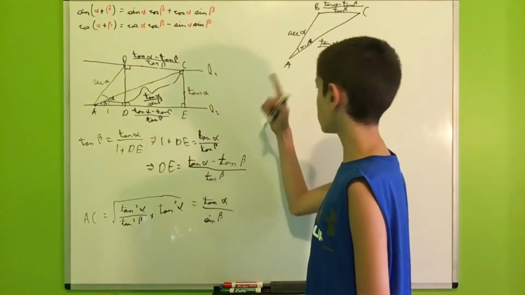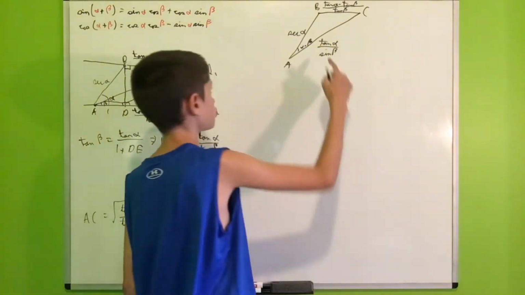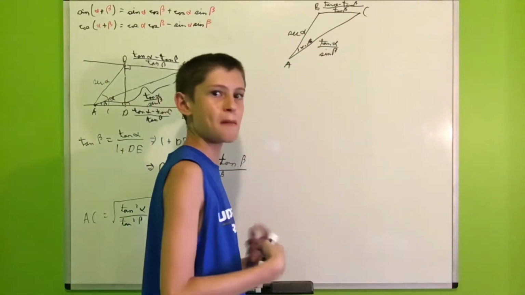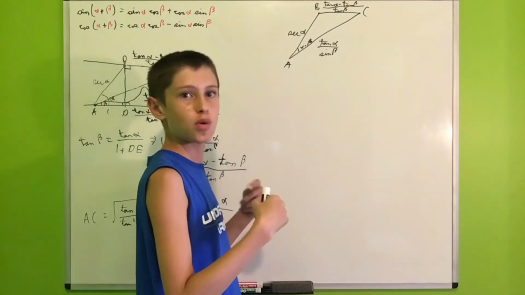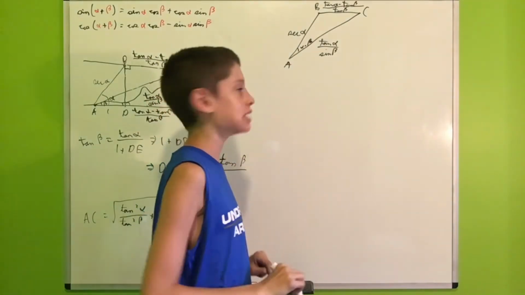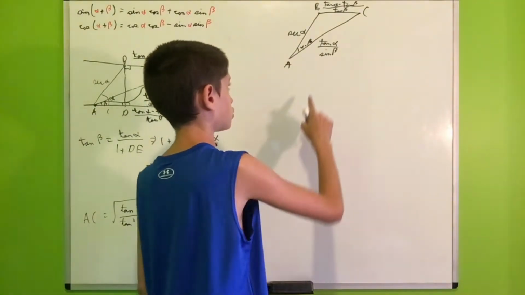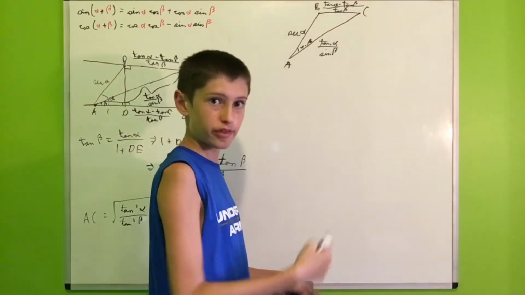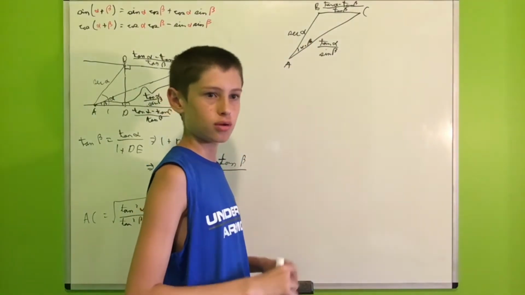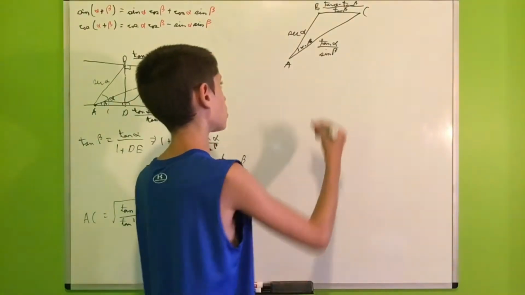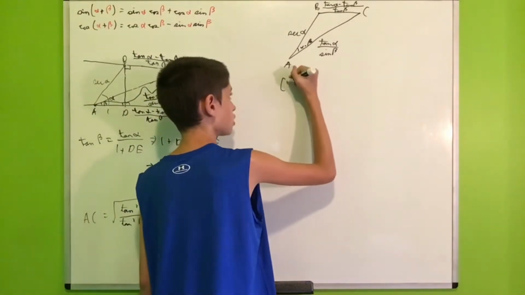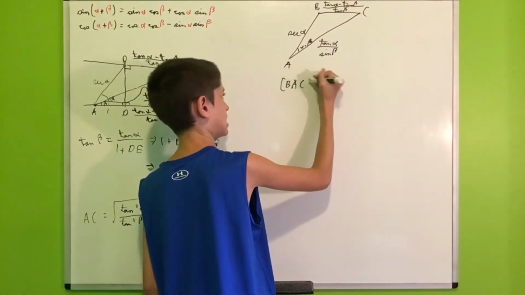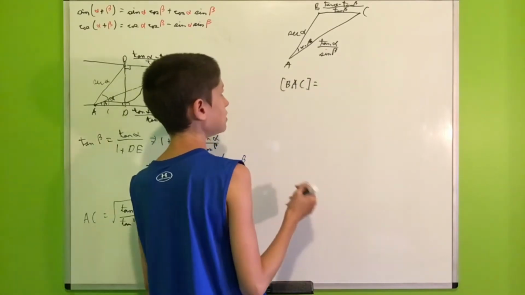So how can we do this? Well, first we will find the sine of alpha minus beta, and later we will plug in negative beta and see what we get. So to find the sine of alpha minus beta, I would like to compute the area of triangle BAC.